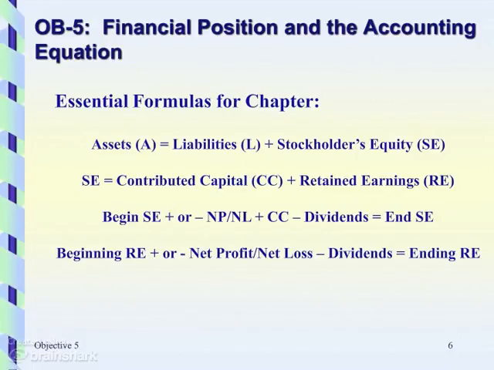In terms of calculating our stockholders' equity, we can look at the beginning stockholders' equity, whatever that might be, and add to it our net profit or subtract from it our net loss. Add to our stockholders' equity any additional contributed capital that we might have during that period. Subtract any dividends during that period, and then the balance would be our ending stockholders' equity.